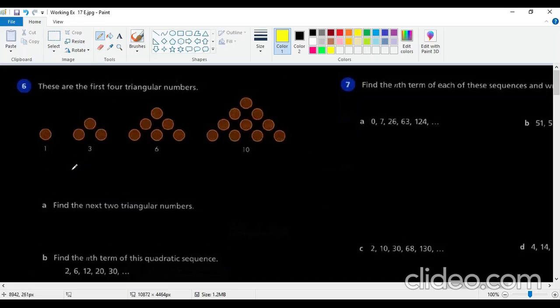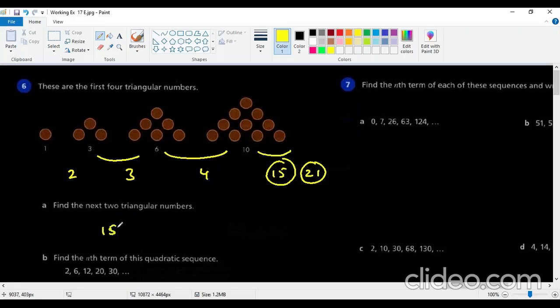Now difference between these two is a 2, difference between these two is a 3, difference between these two is a 4. So next term is going to be 15. 10 plus 5 is a 15. And then next is 21. So these are the two numbers that are missing for the next two triangular numbers, which are 15 and 21.